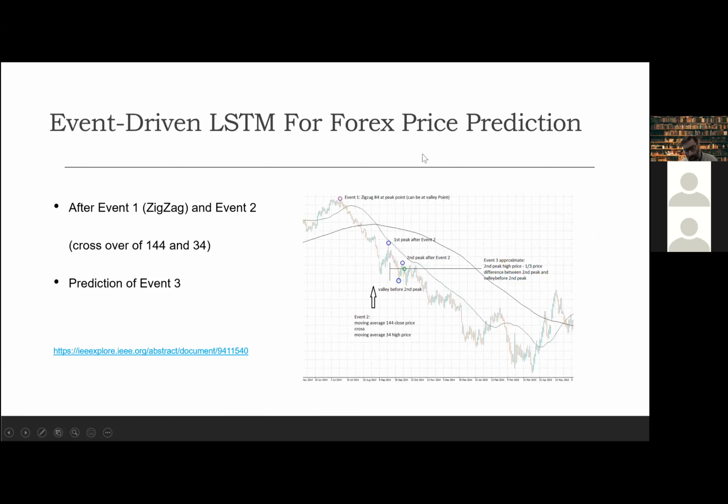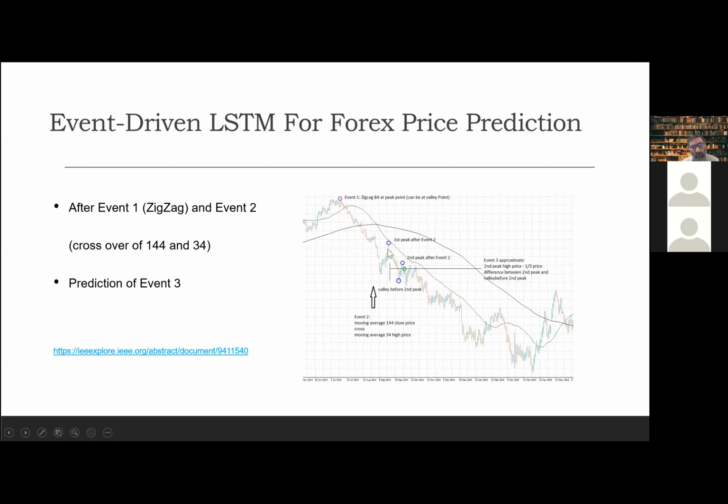Another interesting idea is to look for certain indicators, look for certain events that are happening. Here we came up with an event of a zigzag, event number one. And after that event number one, if a crossover of 144 and 134 happens, so if two events happen, then we predict the pullback of the price.